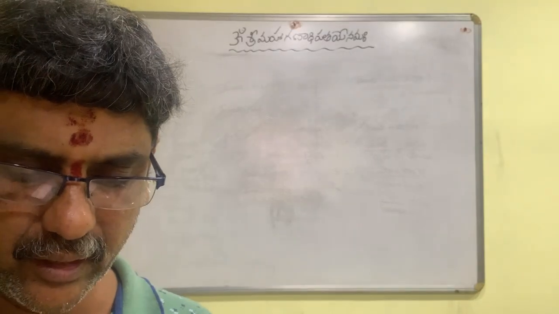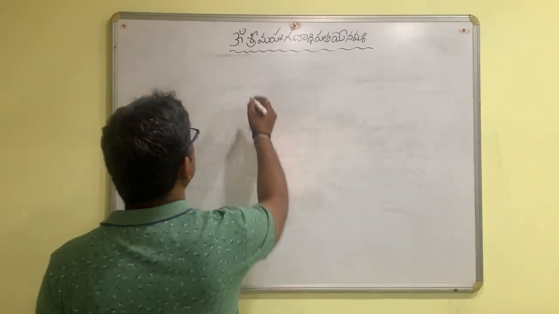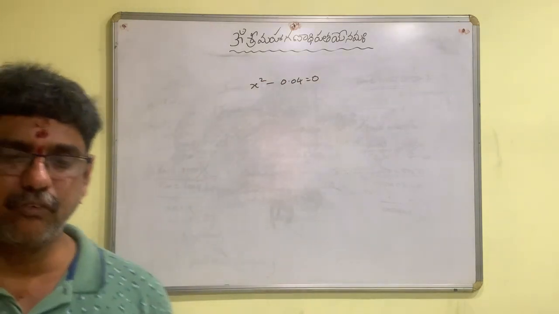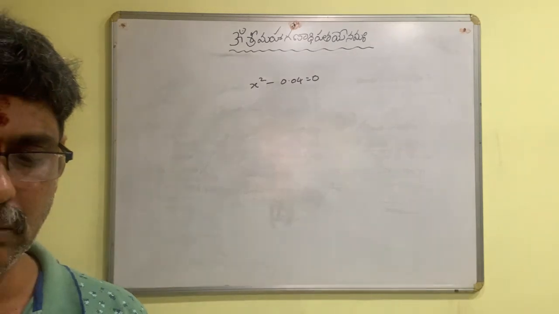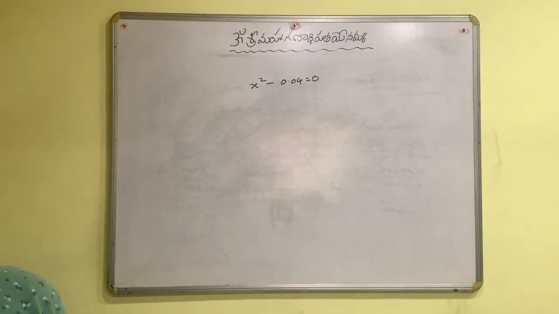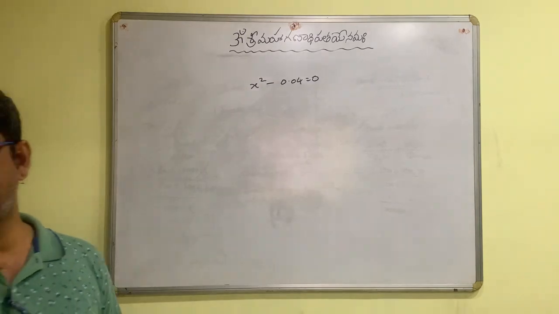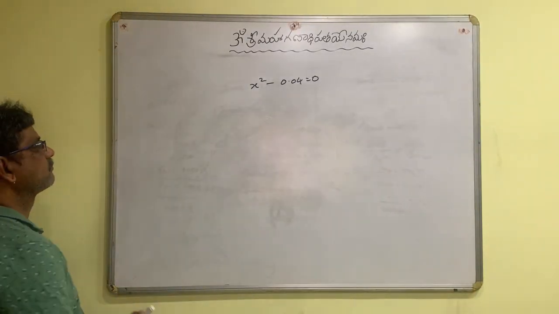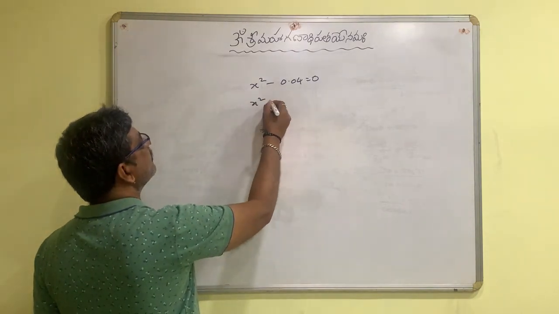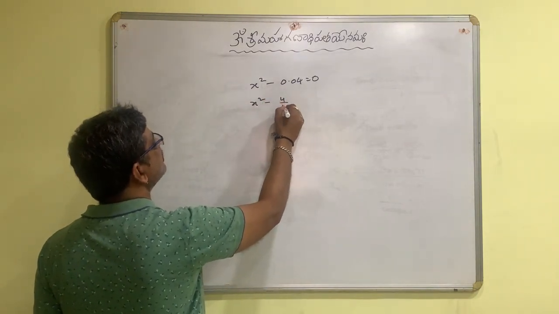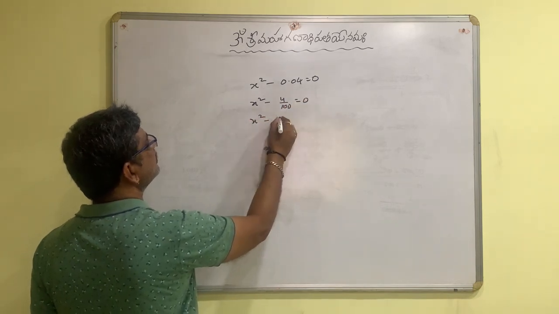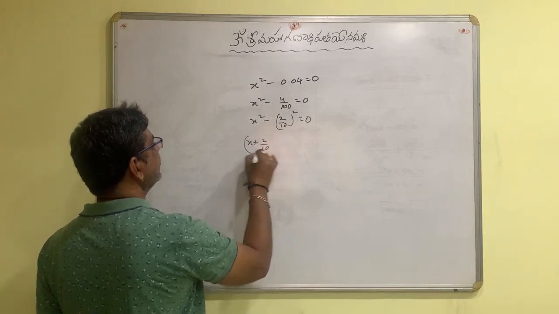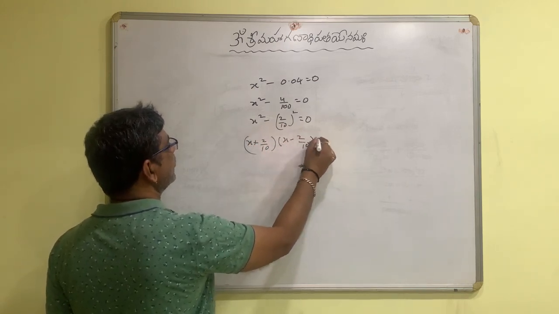The roots of the equation x square minus 0.04 are... x square minus 0.04. X plus 2 by 10, x minus 2 by 10.